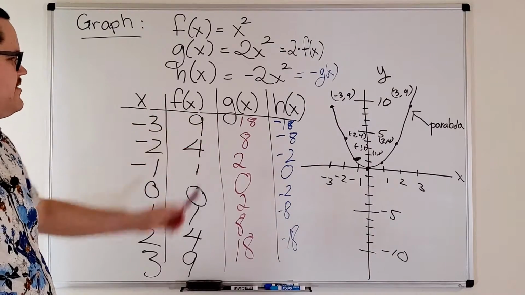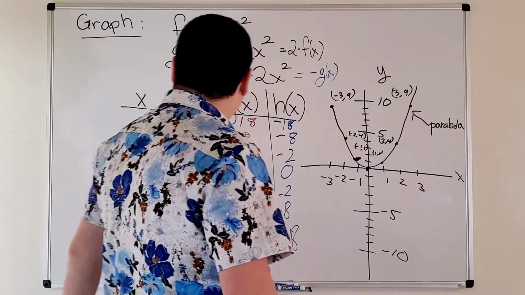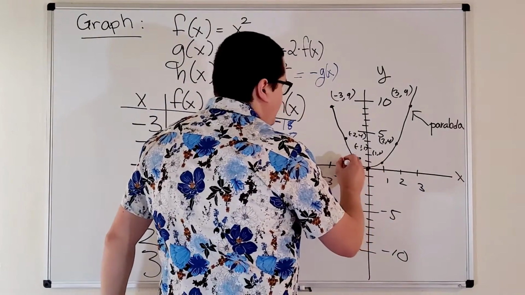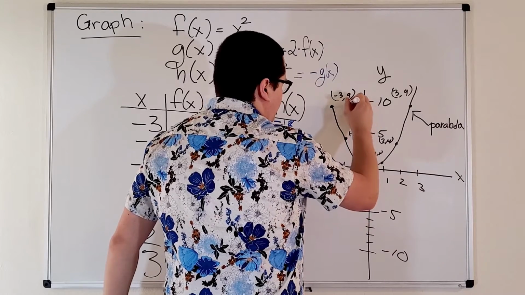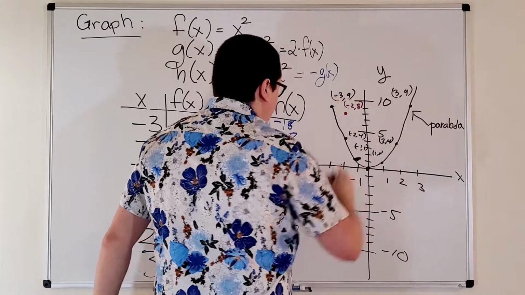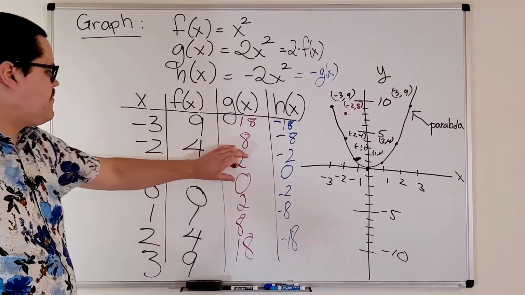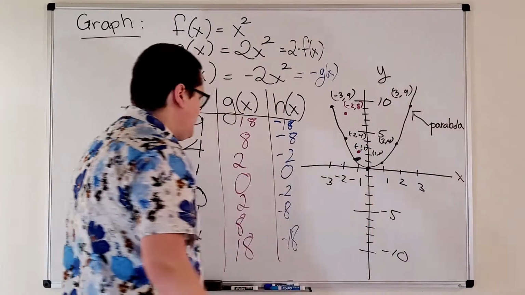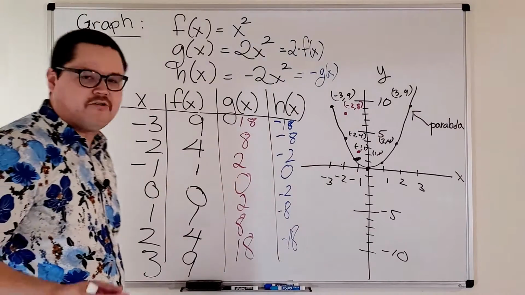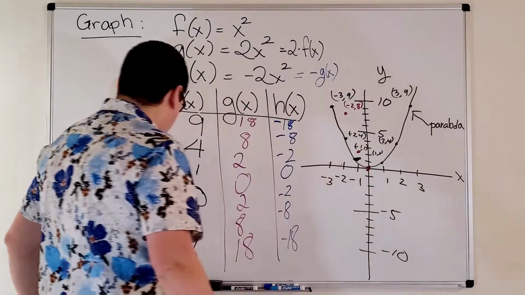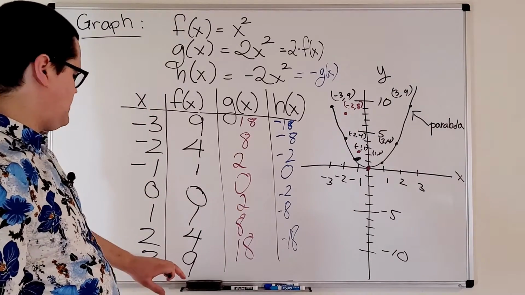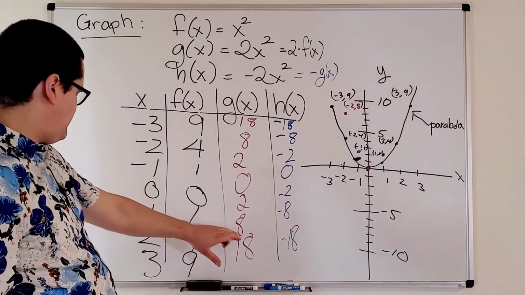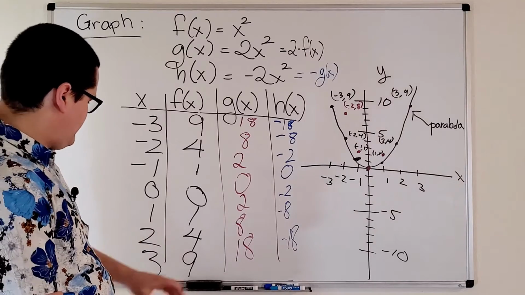So -3, positive 18, that's way up there, so I'm not going to put that there. -2, positive 8, that's left 2, up 8. -1, positive 2, that's left 1, up 2. 0, 0, that's our origin again. 1 comma 2 is right 1, up 2. 2 comma 8. I guess I drew these sort of out of alignment. Let me rewrite that.